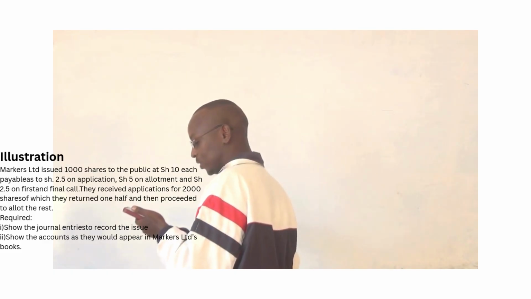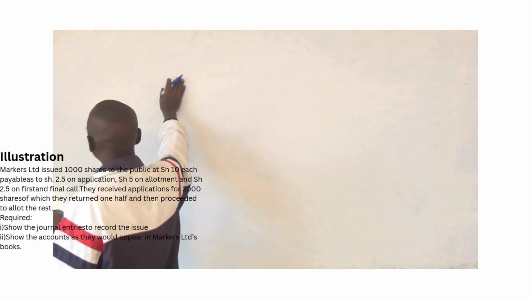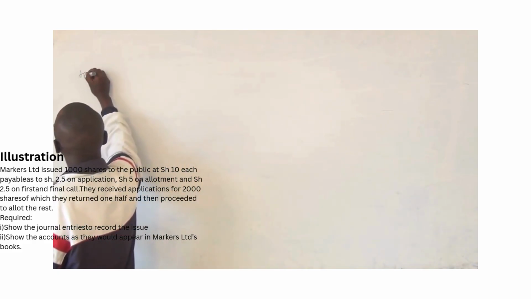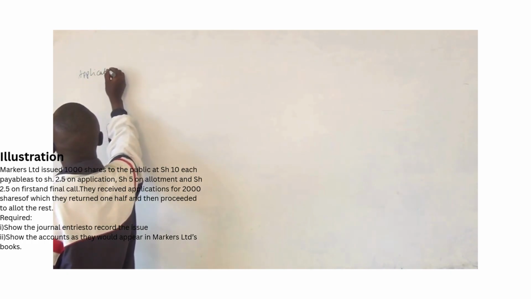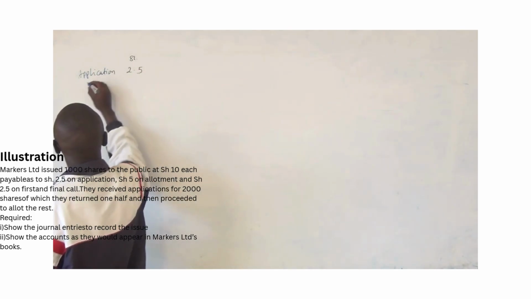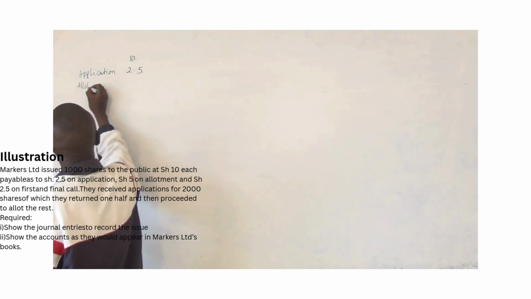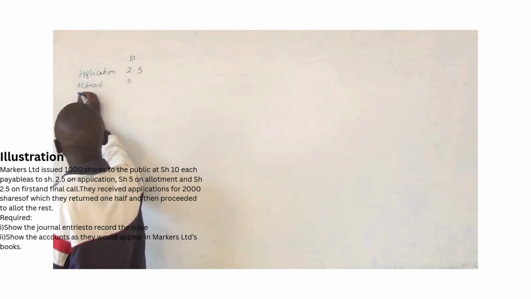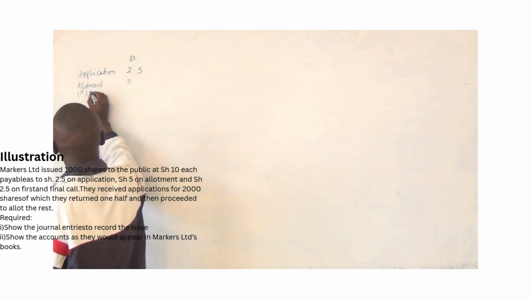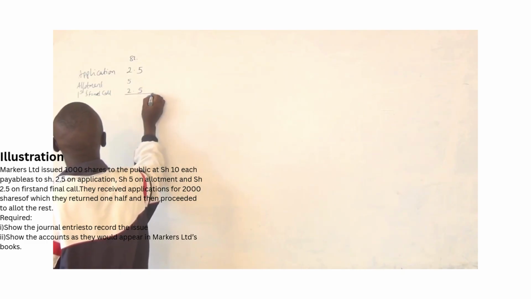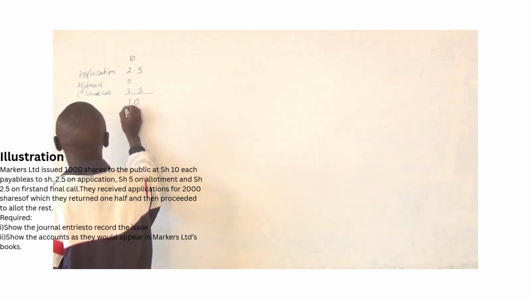So the journal entries. First of all, we are told that the application fee is 2.5, allotment 5, and first and final call 2.5, making a total of 10.